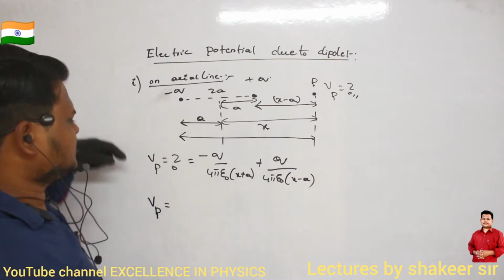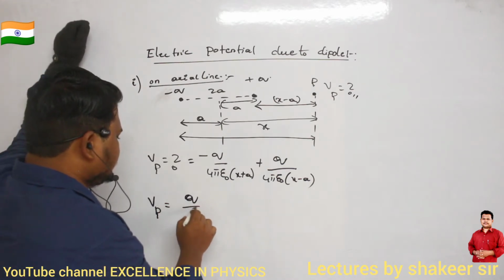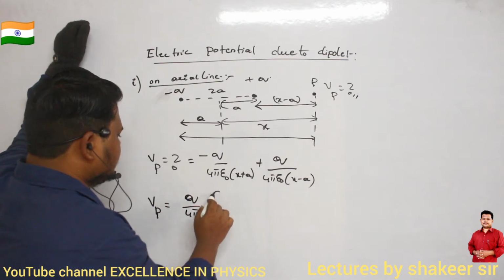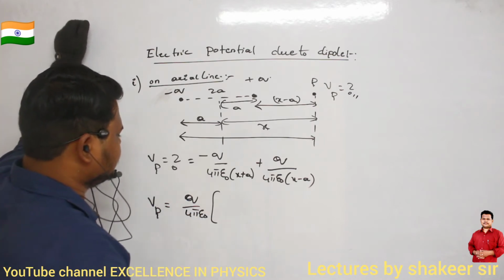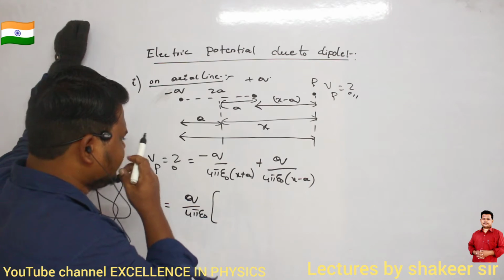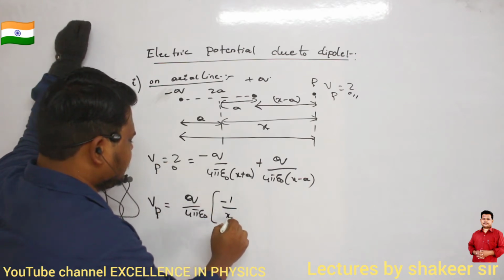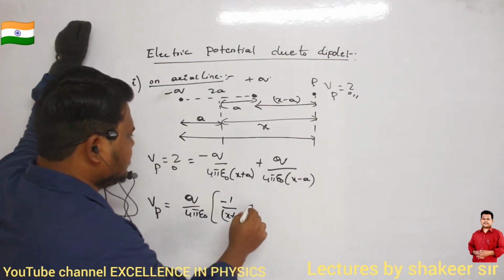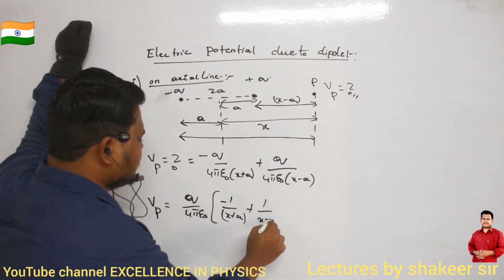So what are the values which I can take common? I can take Q by 4 pi epsilon naught common. Then I am left with minus 1 by x plus a, plus 1 by x minus a.